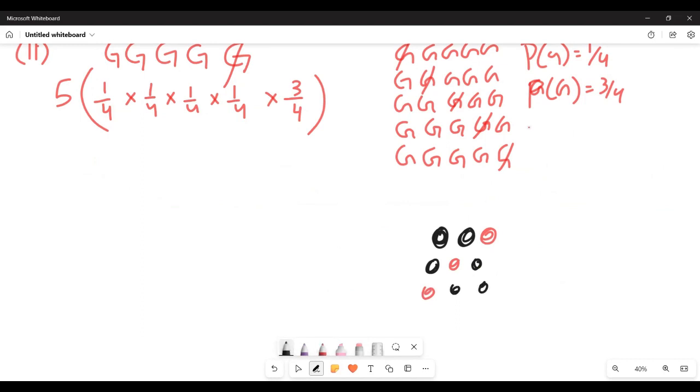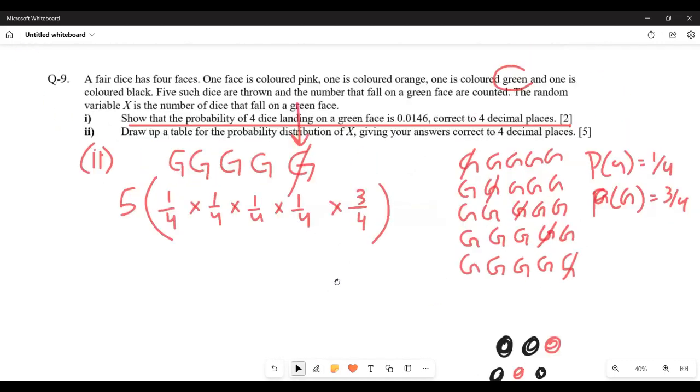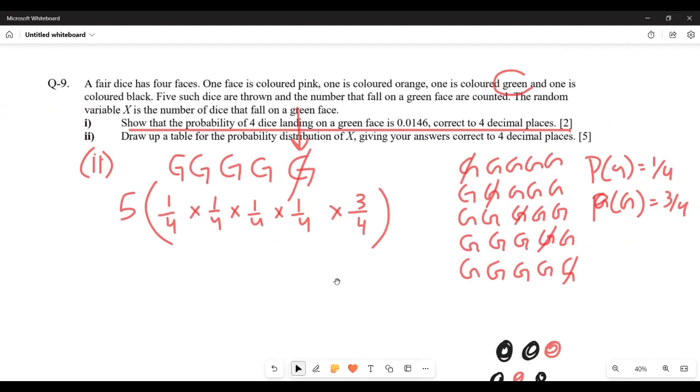So we would consider all the cases. So this is the same case. So this answer would be 0.0146. बाकी जो प्रोबेबिलिटी डिस्ट्रीब्यूशन है इसका अपना चैप्टर है, वो तभी करेंगे when we do that in a few weeks.